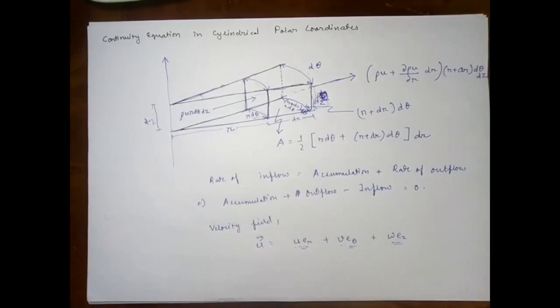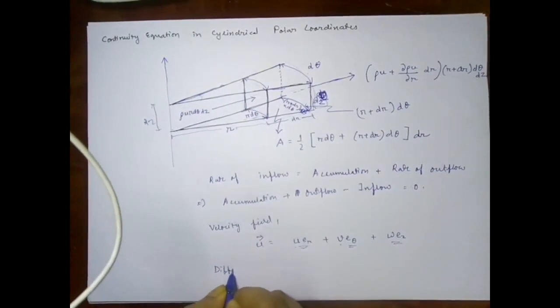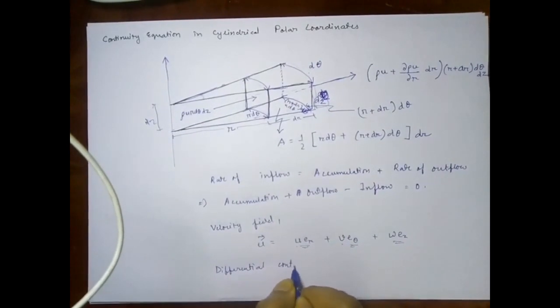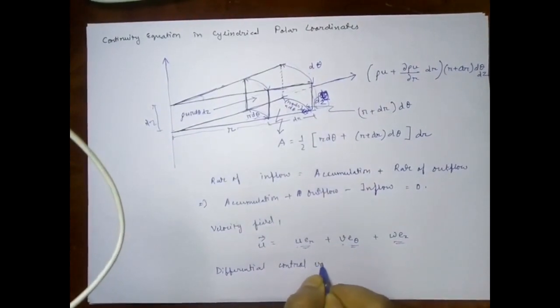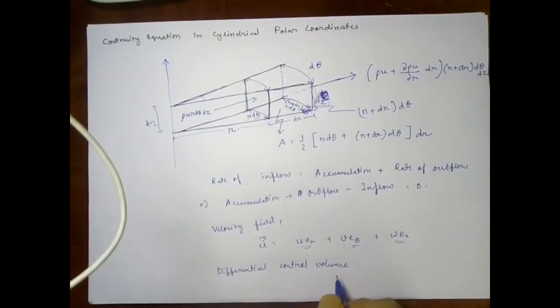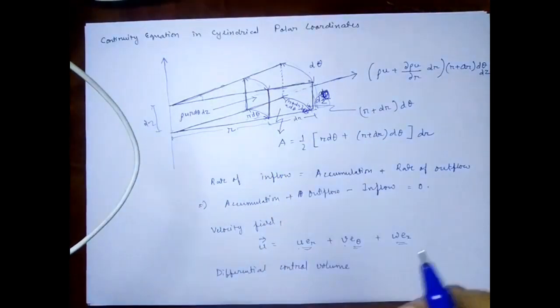Now the differential control volume. Why differential? Because the dimensions we are using are differentials only, like d theta, dr and dz.